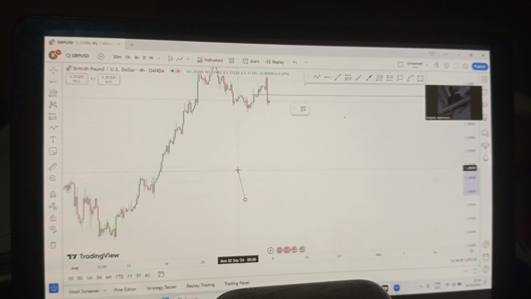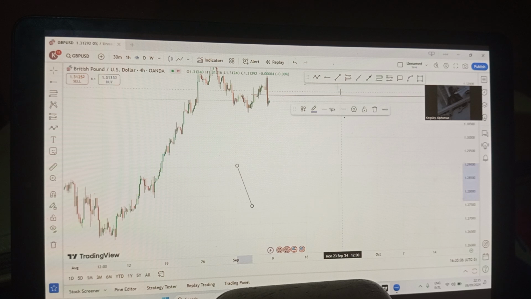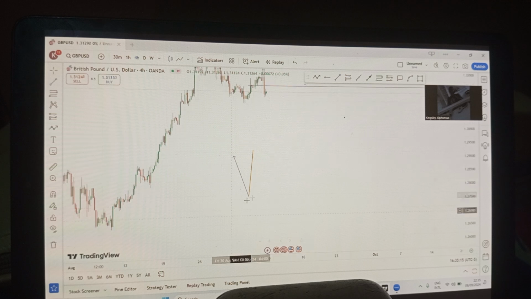Let's say we have something like this. Let's say we have a V-shaped key level. What do you expect from this market? We expect a buy from here.